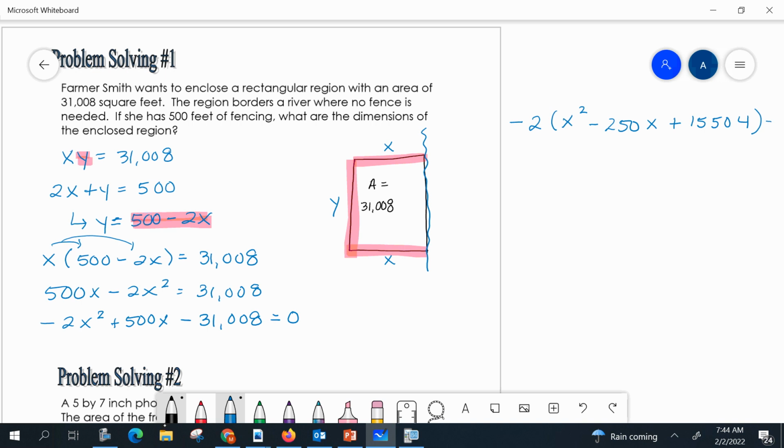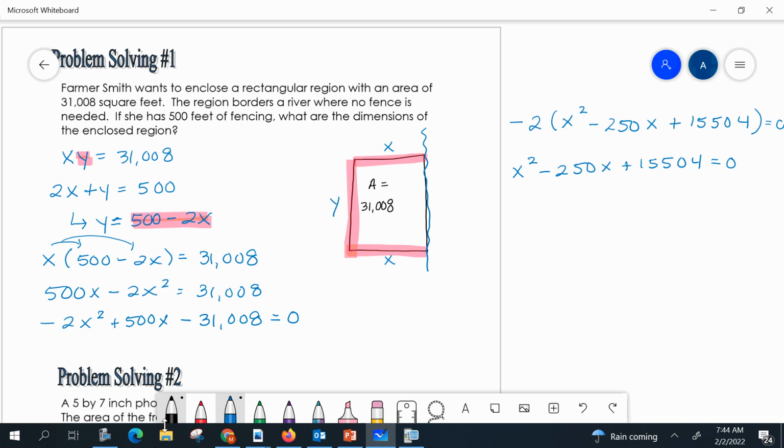So by taking out the negative 2, and we can just divide both sides by negative 2, we basically are solving this related equation, which has the exact same answers, but the coefficients are smaller, which means it's a little bit easier to work with.